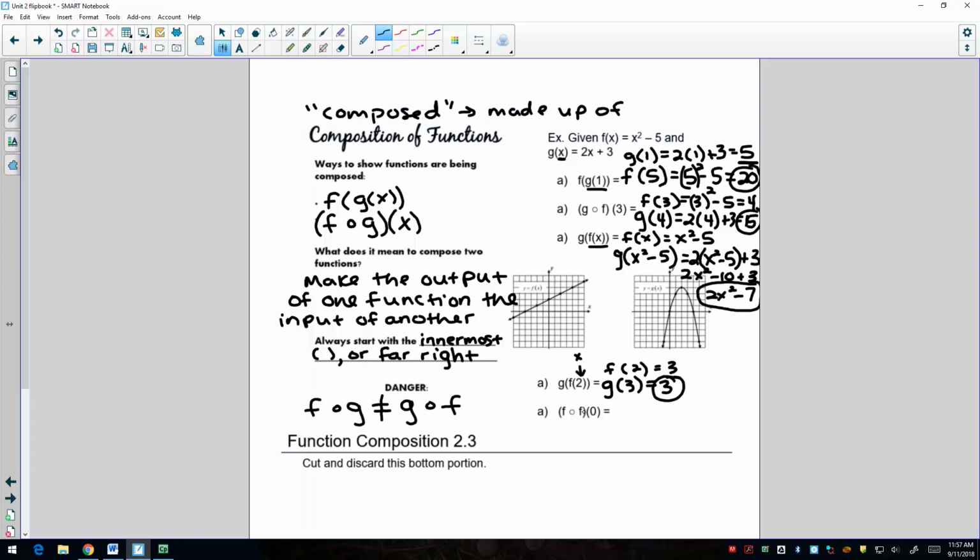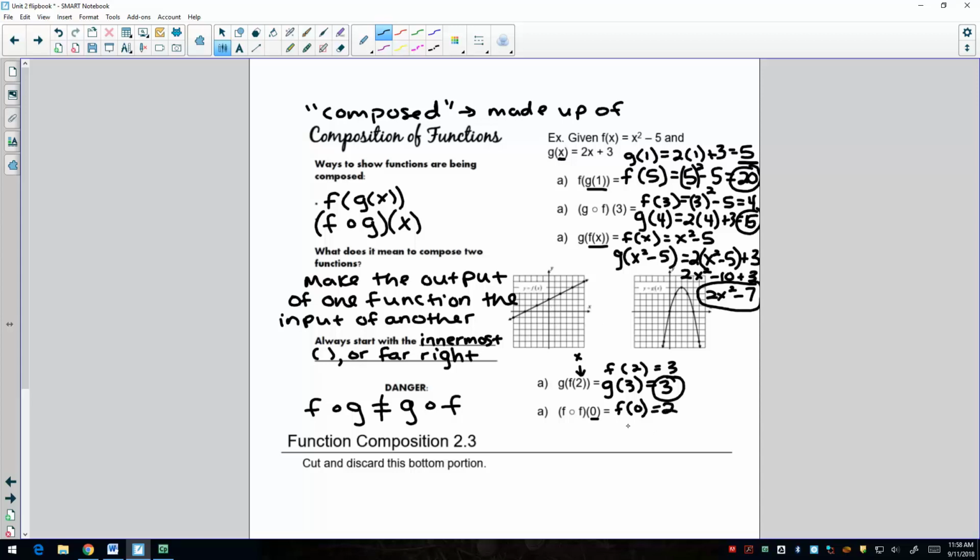In the last example, it looks kind of funny. You're using the same graph because they're both f, but it's not going to turn out to be the same number, and you'll see why in a second. So we are taking the input of 0, and we are doing the second f first, even though they're both f. So we're going to find out what f of 0 is. So if we go to the f graph, when the input is 0, the output is 2.